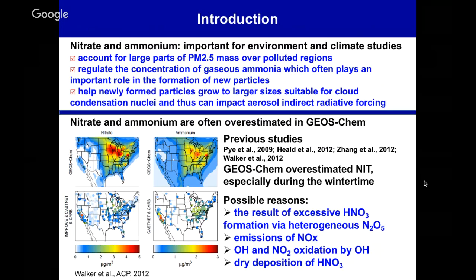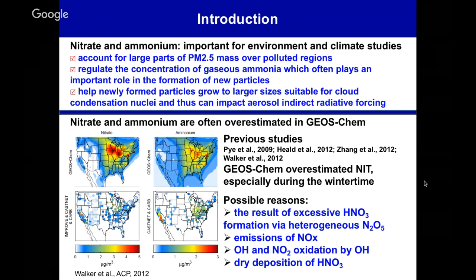formation. And the concentration of nitrate and ammonium also contributes to particle growth, which impacts the number concentration of CCN, and they impact aerosol indirect radiative forcing. It is well known from many previous publications that in GEOS-Chem, nitrate and ammonium are often overestimated.